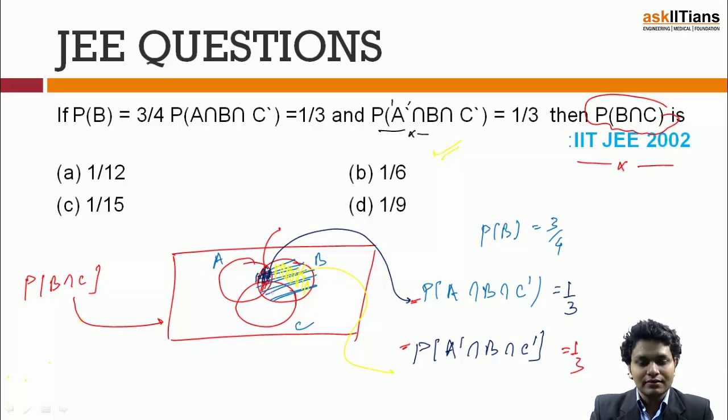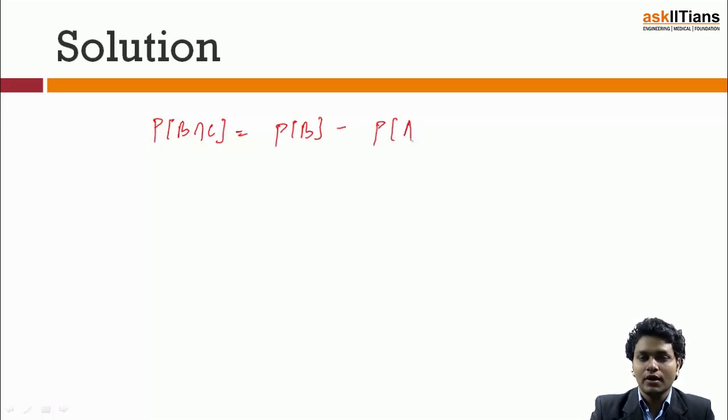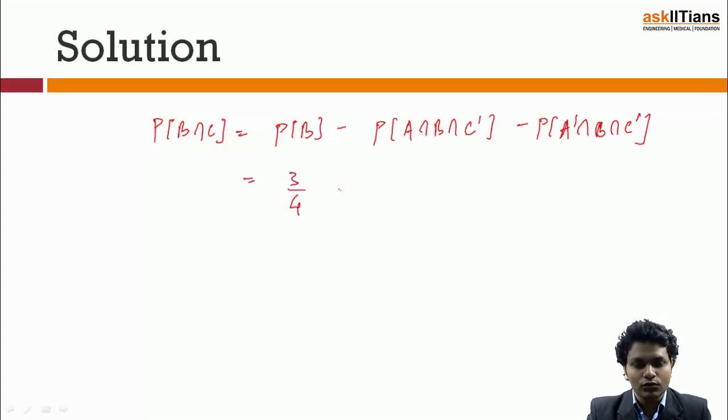Look at the figure: the total probability of B, if I subtract this and this, I'll be left with this part, which is nothing but B intersection C. So I can write that the probability of B intersection C is nothing but the probability of B minus the probability of A intersection B intersection C dash minus the probability of A dash intersection B intersection C dash. Now I know the value of the probability of B, that is 3/4. This is 1/3 and this is again 1/3.